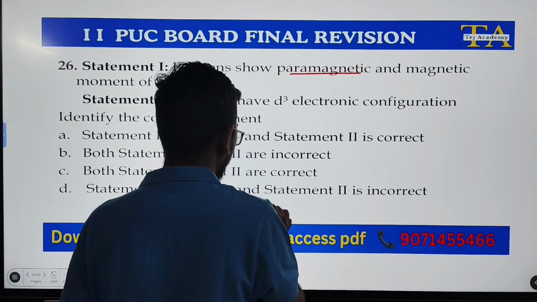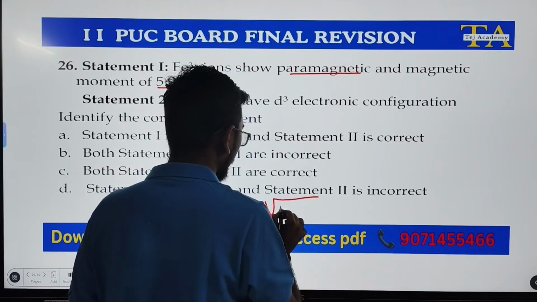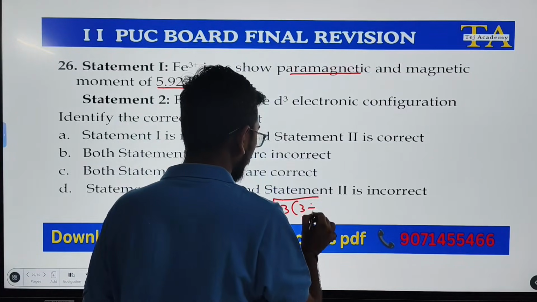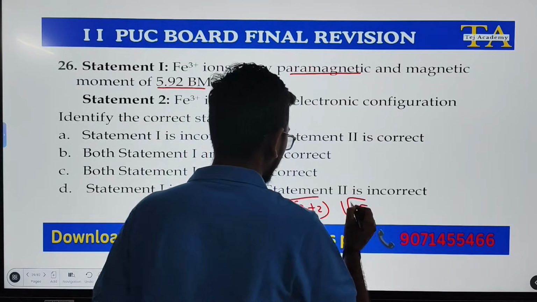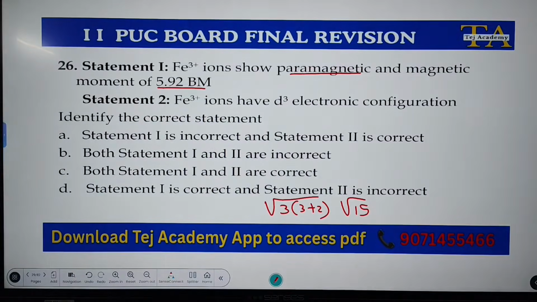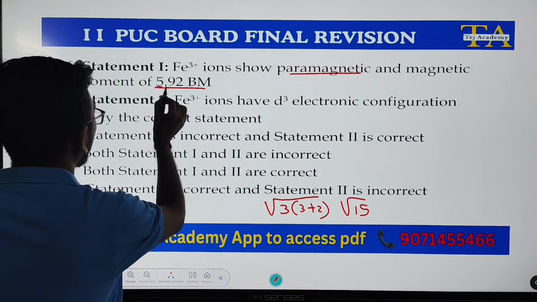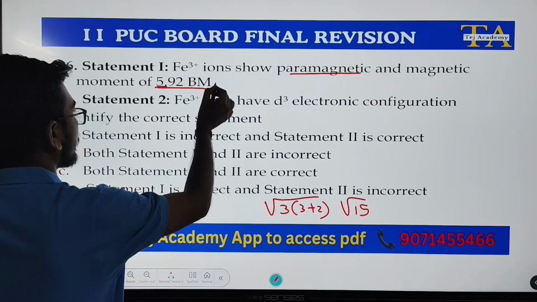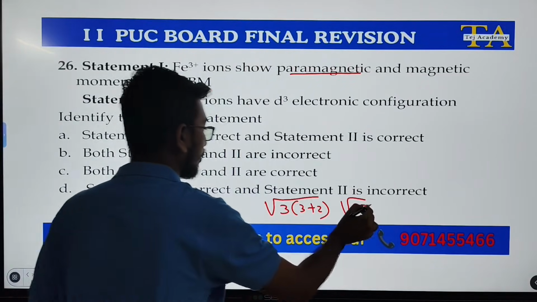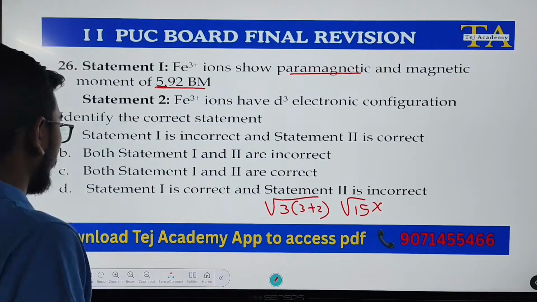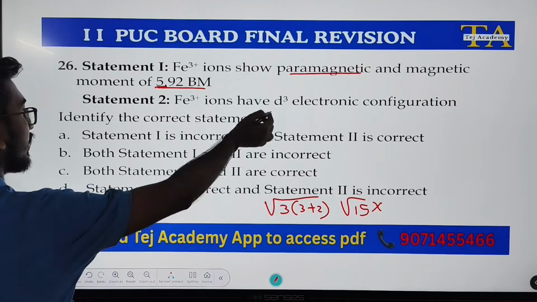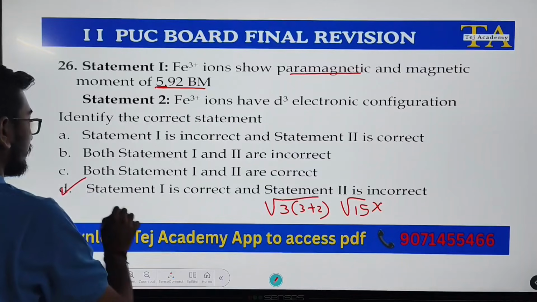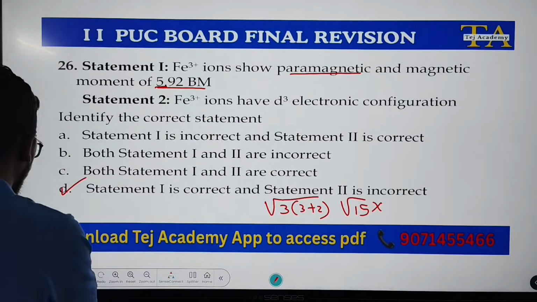So, if you check for d3, square root of 3 into 3 plus 2, that is the square root of 15. Square root of 15 is not near to this also. So statement 1 is correct, but the number of unpaired electrons in statement 2 is wrong. So option D is the right answer.